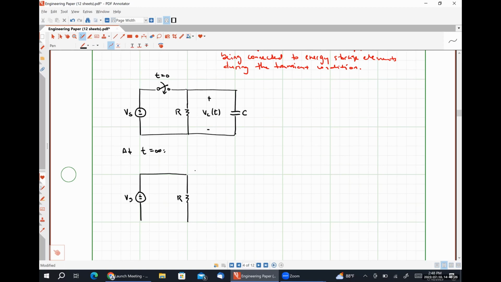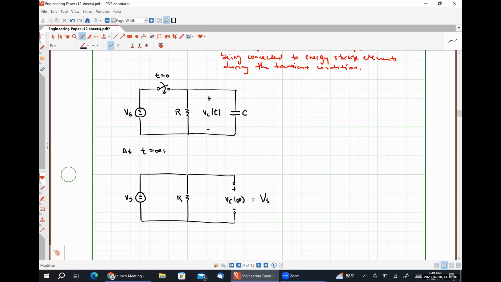Here is our resistance R. Our capacitor is going to look like an open circuit. And here is VC at infinity. Well, what should the value of VC at infinity be? Vs. Absolutely, just simply Vs. Okay.